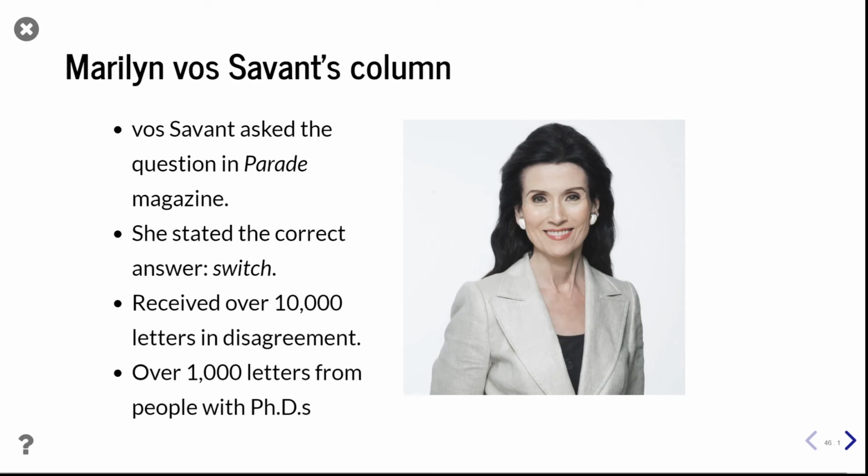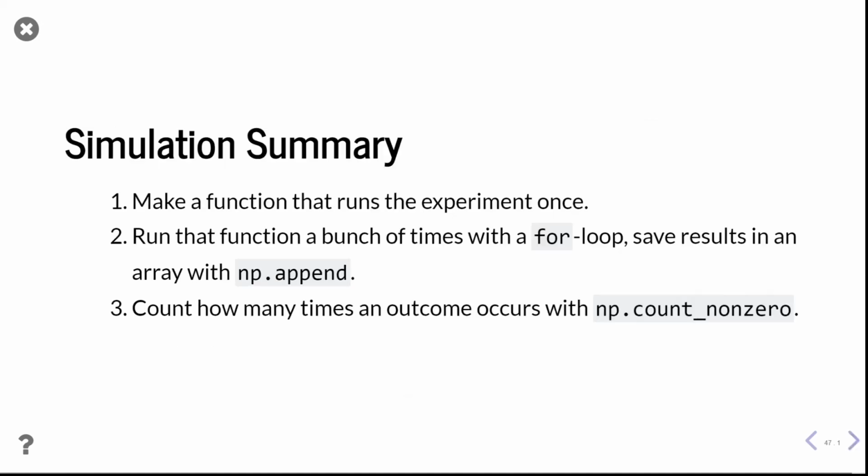You should switch. She received over 10,000 letters in disagreement. Some of them, 1,000 letters, were from people with PhDs who said no, the right answer is to stay, or it doesn't matter, the probabilities are the same. And she was right. So this is an unfortunate example of people needing to prove that they know more than someone with demonstrably a very high IQ.